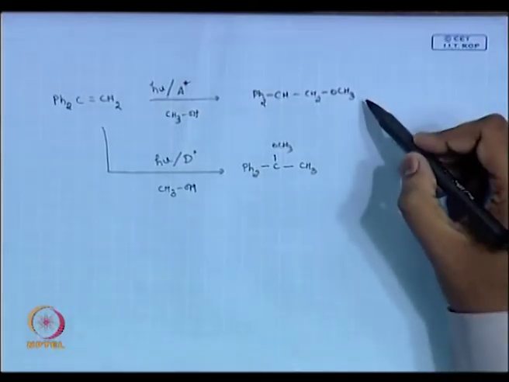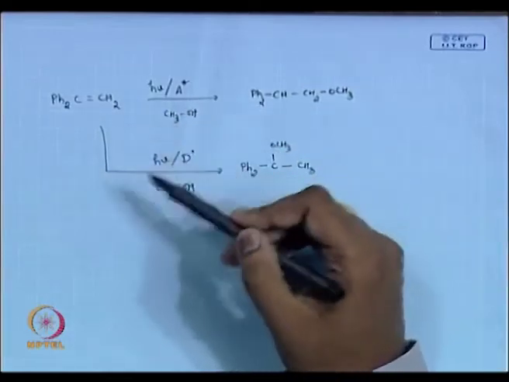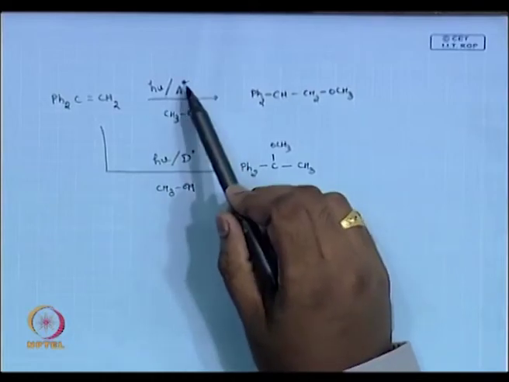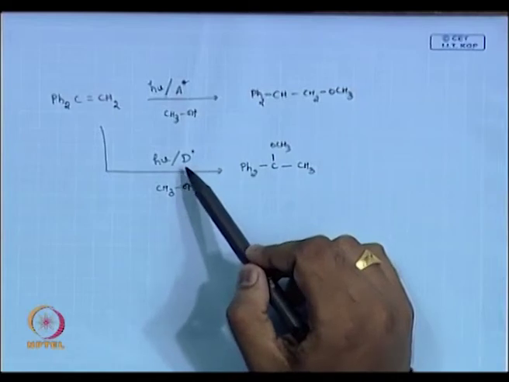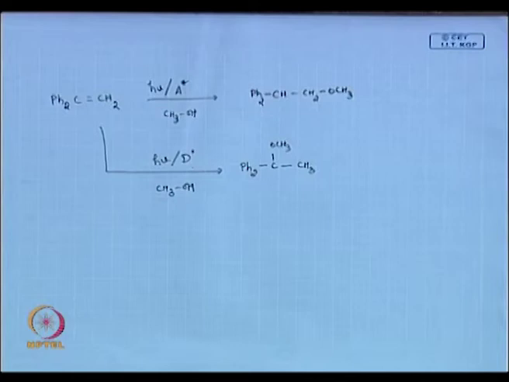This is a type of anti-Markovnikov, and this becomes a type of Markovnikov. See, the chemistry is the same. I am taking the same substrate, photolysing in methanol, but in this case I used 9-cyanoanthracene. In this case, I have used 9-methoxyanthracene. So, the whole reaction has been completely changed. We will see how the mechanism works.